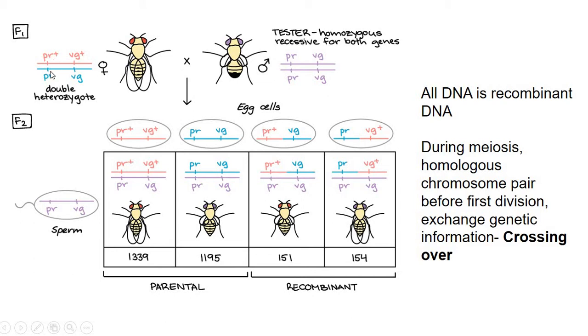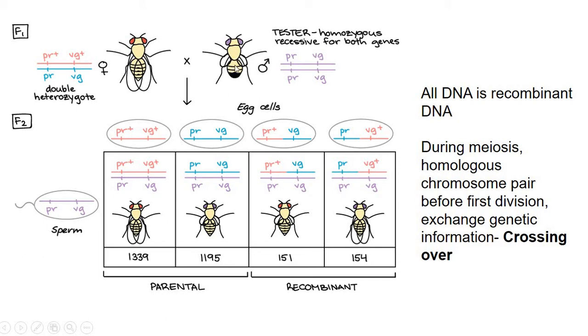These are two alleles of the same gene. In this female fly here, both of these alleles on the maternal chromosome are dominant, and on the paternal chromosome both are recessive alleles, so it's a double heterozygote here.